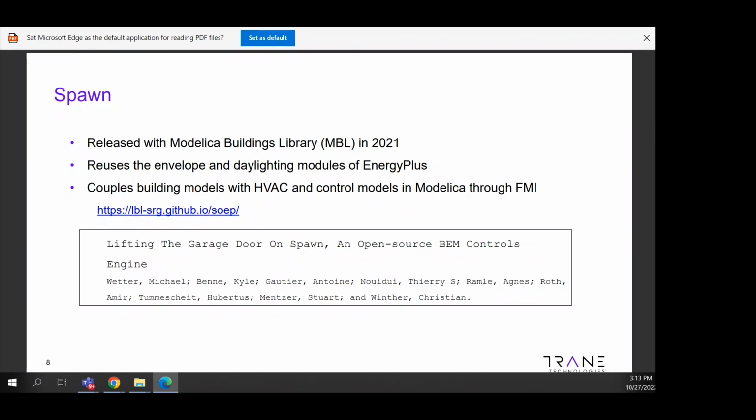There's this excellent paper from Michael and several co-authors. If you want to learn more about Spawn, I recommend reading this book.